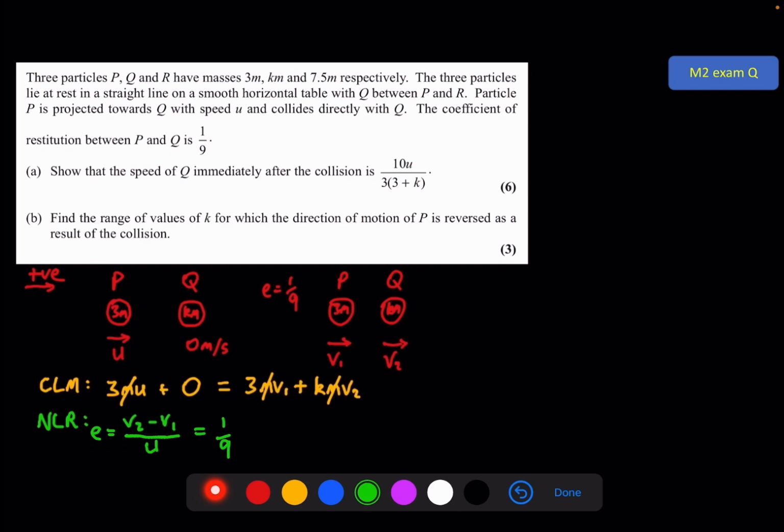A little bit of rearranging gives us v1 is equal to v2 minus u/9 as our second equation, which I'm going to substitute into here. So that's coming from there. Combining these two together, we get 3u is equal to 3 times v1, which we now know is also v2 minus u/9, plus kv2. A bit of rearranging here.